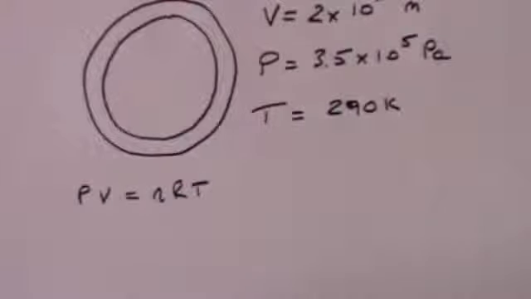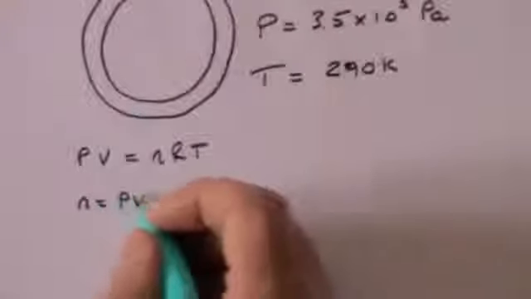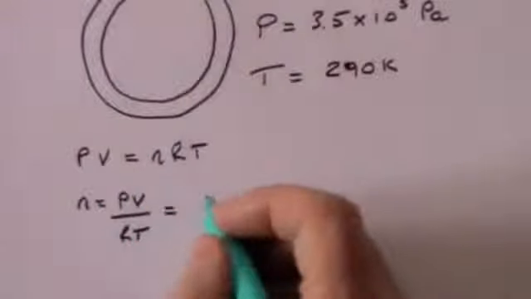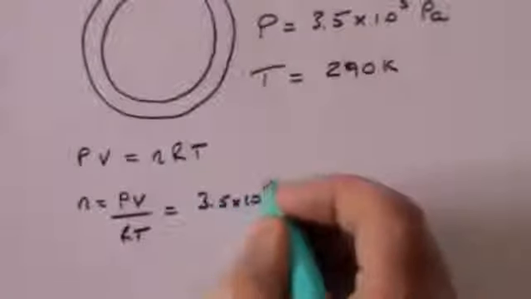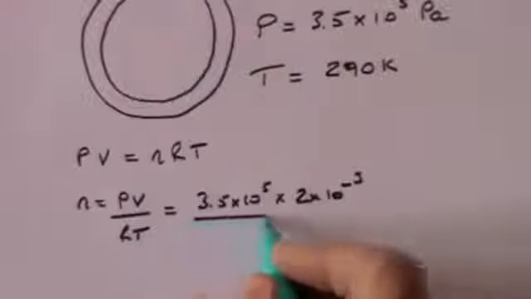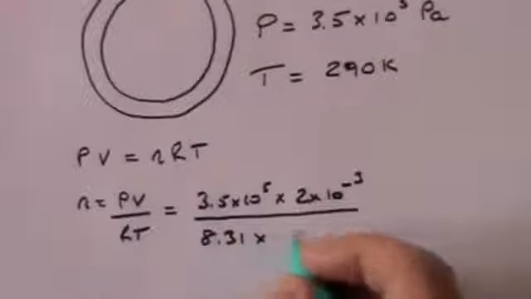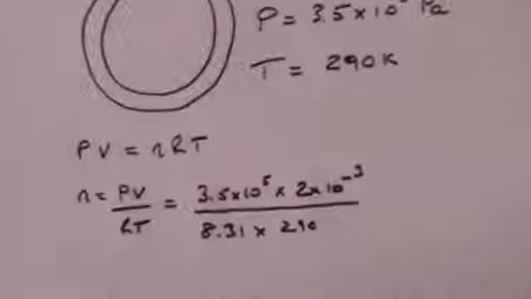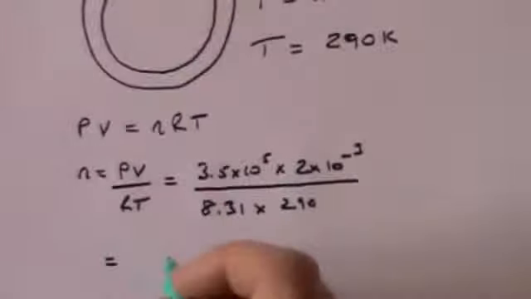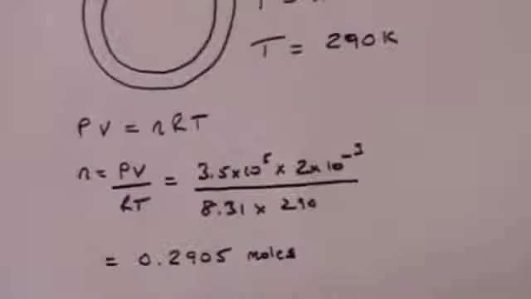We're going to assume throughout that this gas behaves like an ideal gas, and so we've got that n is equal to PV divided by RT, which equals the pressure, 3.5 times 10 to the 5th, times the volume, 2 times 10 to the minus 3, divided by R, which is usually given, it's 8.31, times the temperature, which is 290, and if you multiply that through, you should find that the number of moles is 0.2905 moles, not molecules, moles.